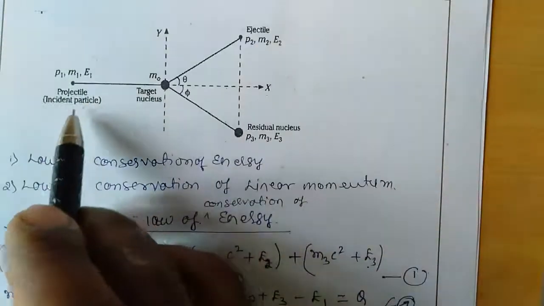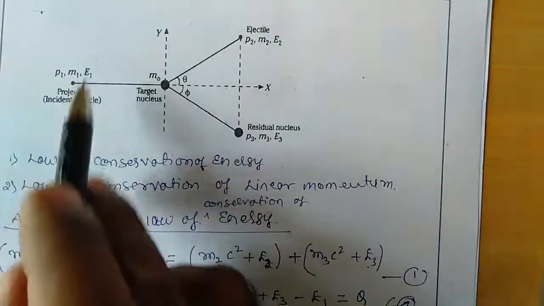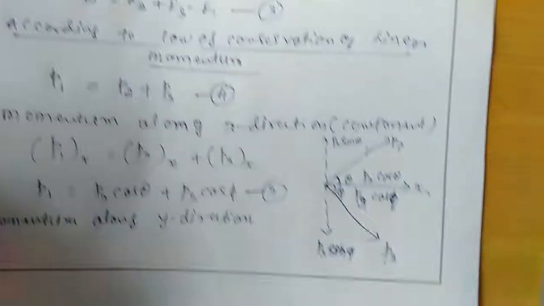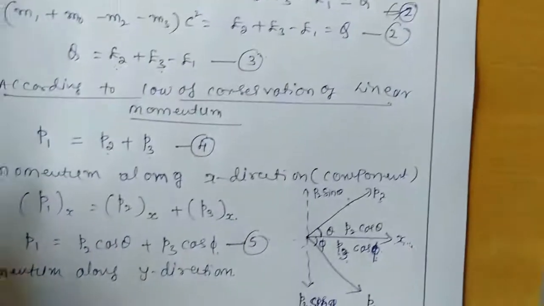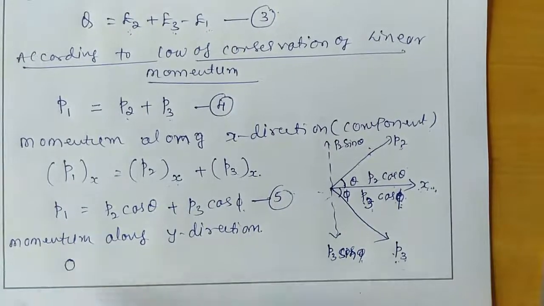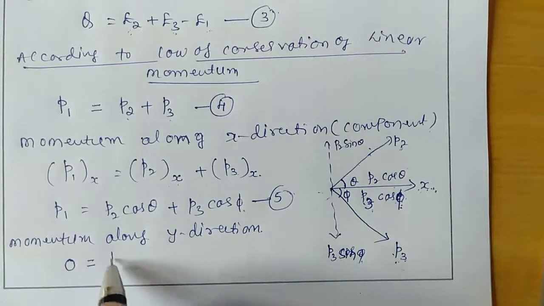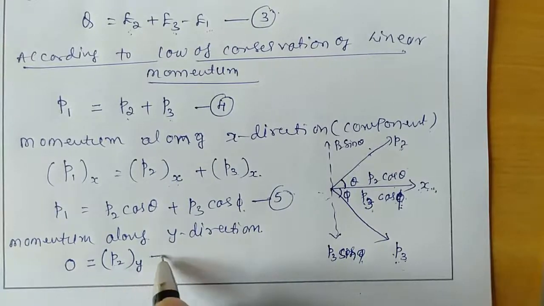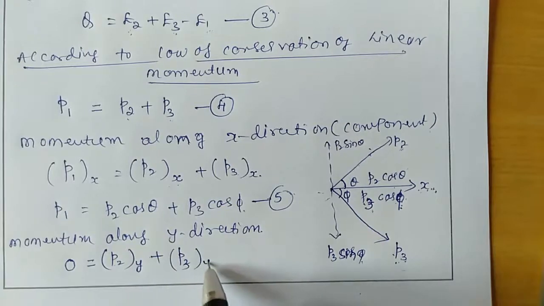So in this diagram we can see that there is no component of the projectile in the vertical direction. Okay, so therefore the linear momentum can be taken as 0, since the component of the projectile along the y direction is 0, and the linear momentum component along the y direction of the ejectile and the residual nucleus can be written like this.